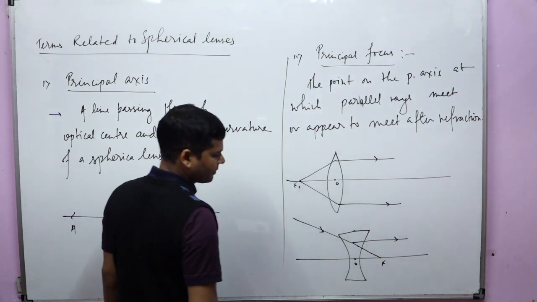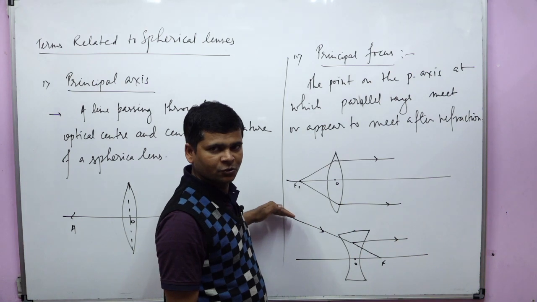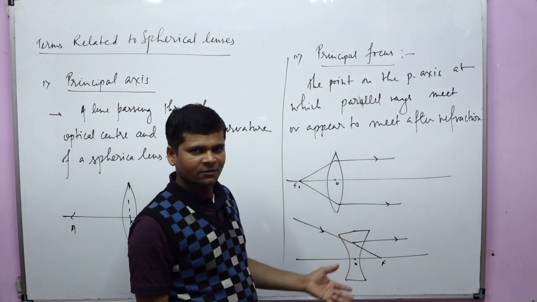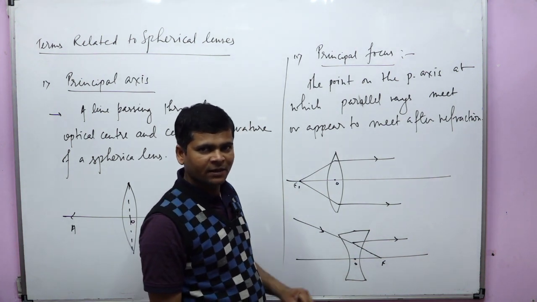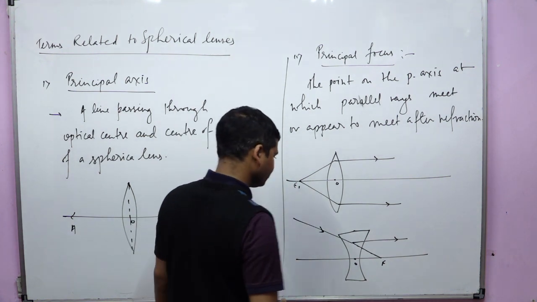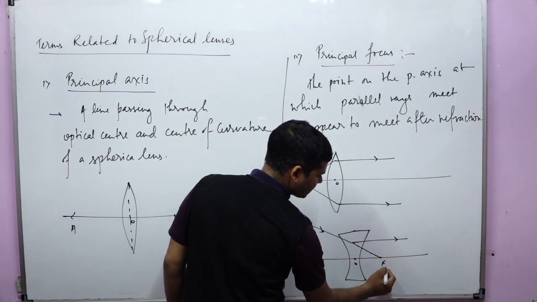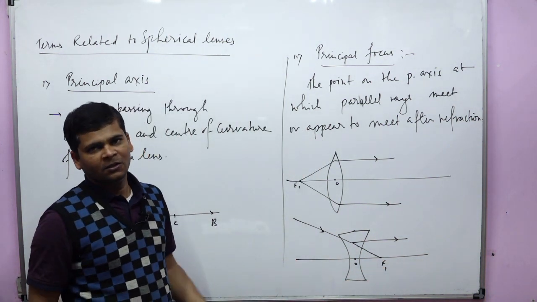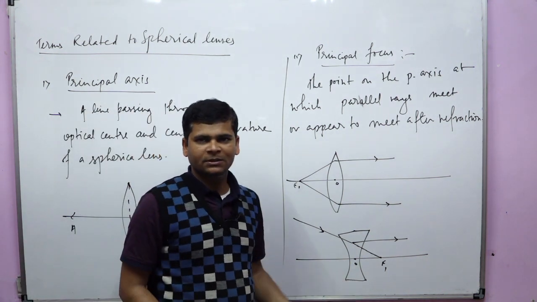In case of biconcave lens, if the ray of light is exposed towards the biconcave lens, and after refraction it passes parallel, then the point on the principal axis will be considered first focus. Now, I hope it is clear.